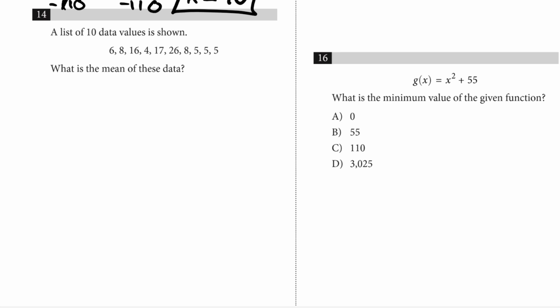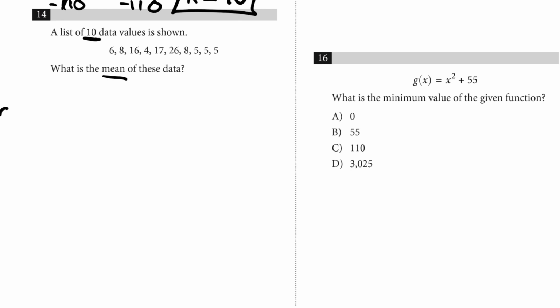A list of 10 data values is shown. 6, 8, 16, 4, 17, 26, 8, 5, 5, and 5. What is the mean of these data? The way that we find the mean of a set of data is we add all the numbers together and then we divide by the total amount of values that we have in the set.